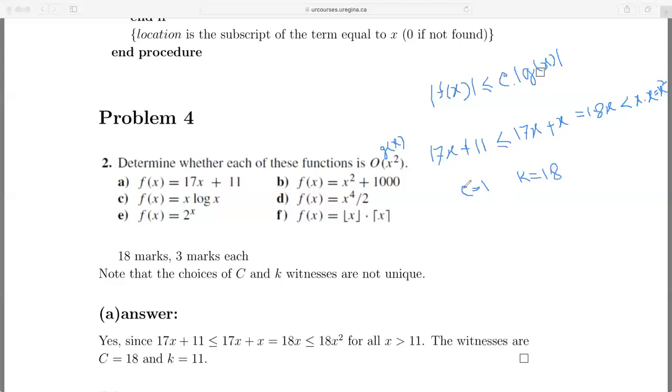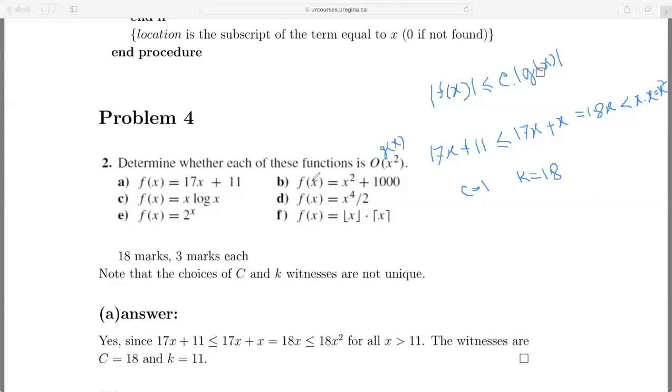So you got c equals 1, k equals 18, and you have shown that this function is big O of x squared. The value given here is different from mine, so you might get different values. That's absolutely fine, as it satisfies this condition.